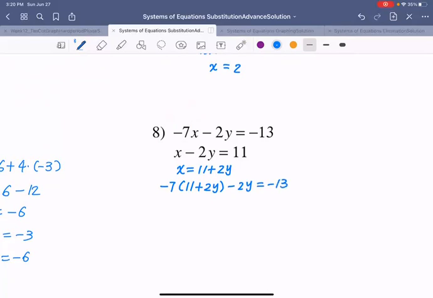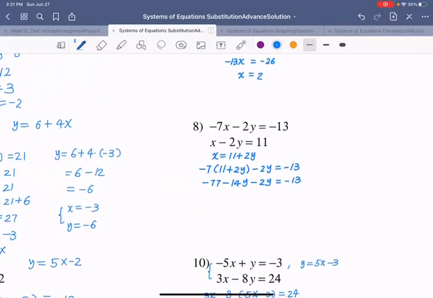Okay. So then distribute. Negative 77 minus 14y minus 2y equals negative 13. Next. And you combine, so negative 77 minus 16y equals negative 13.